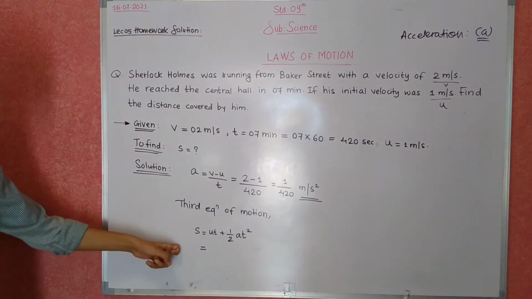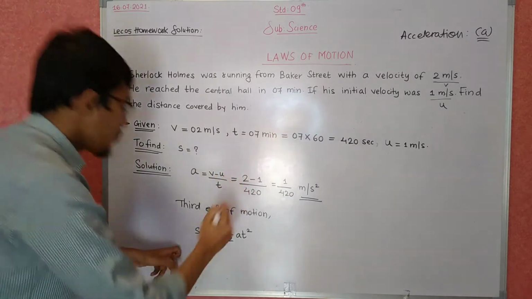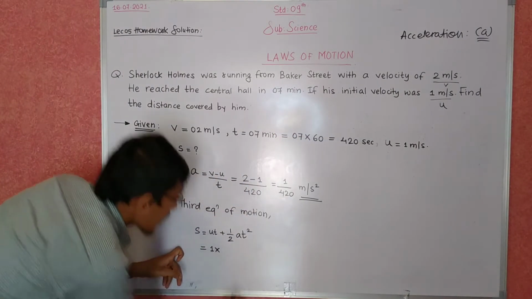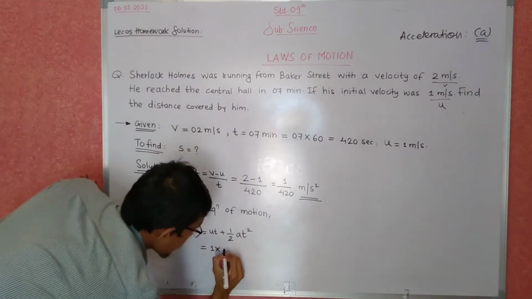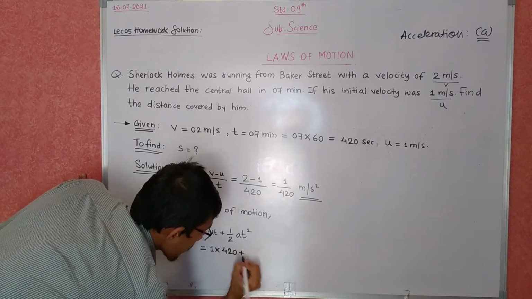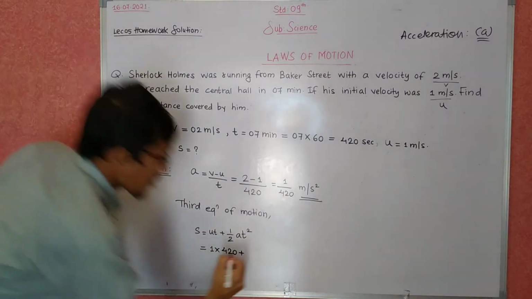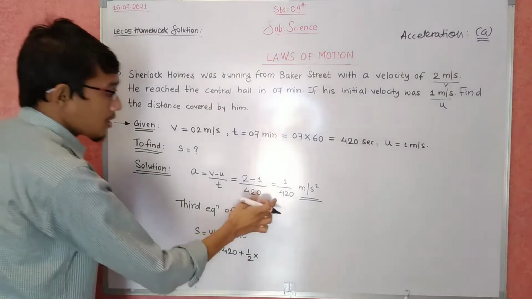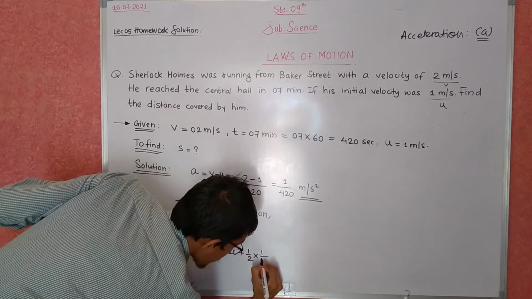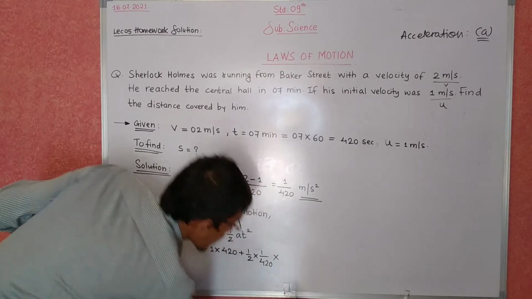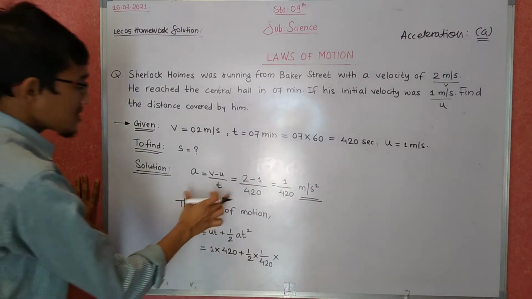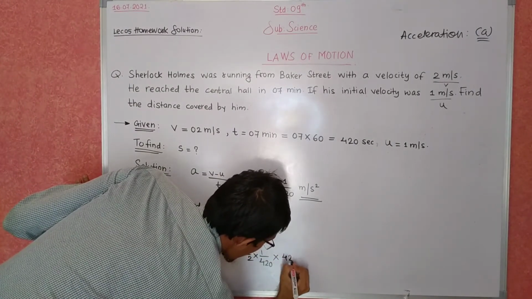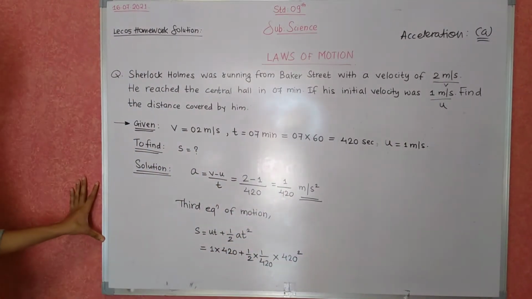We have to find s. What is the value of u? It is 1, into t, 420, plus half into a, acceleration, which we have found as 1 upon 420, into t square, that is time square, so 420 square.